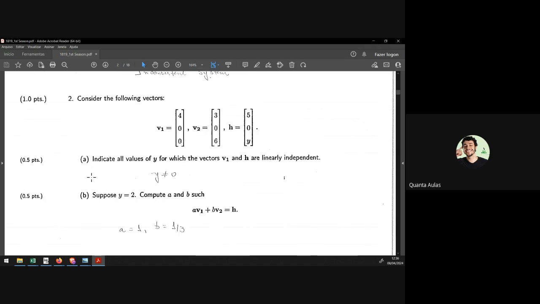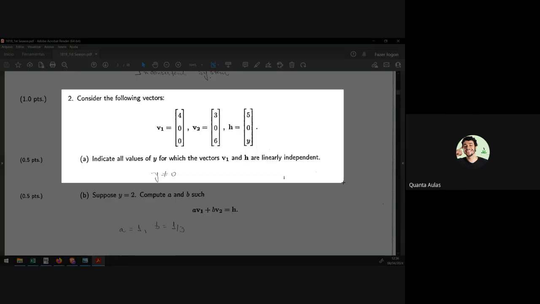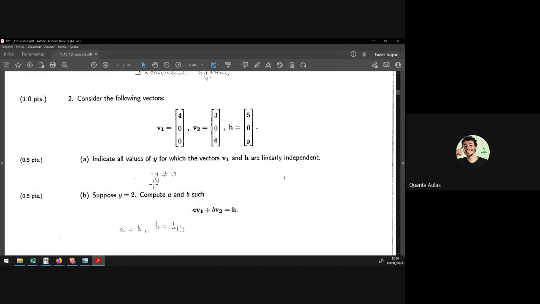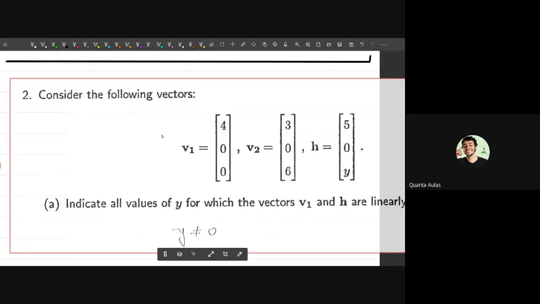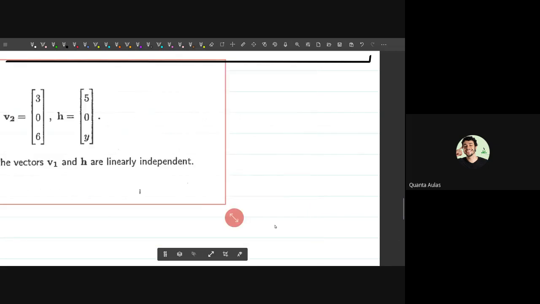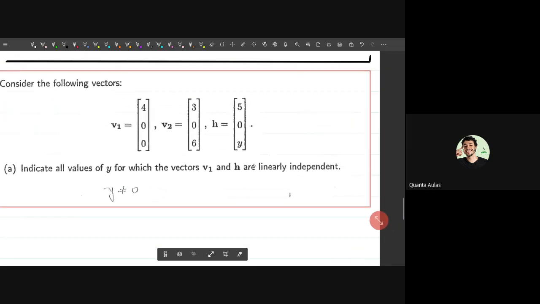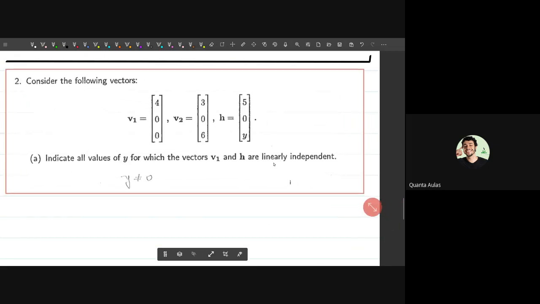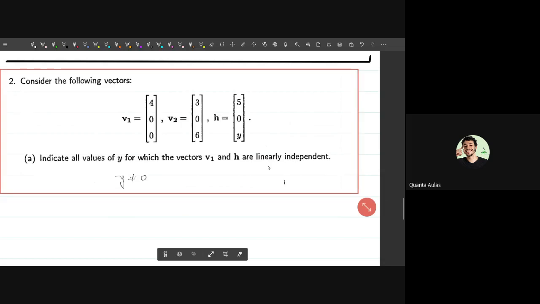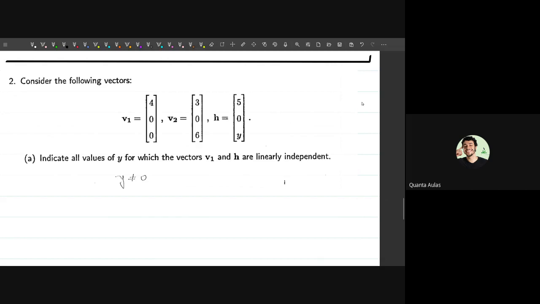Let's go to the other one. In this question, we have the answer here. y different from 0, but okay. Let me see. So we have a 3 row matrix, and they ask, indicate all values of a for which the vectors v1 and h are linearly independent.